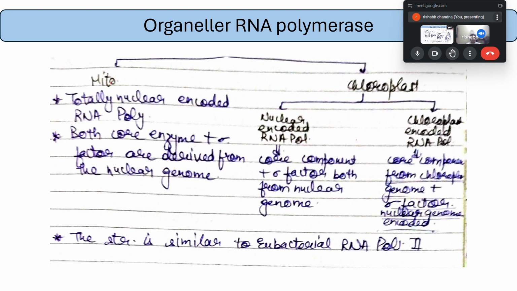For example, in mitochondria, the RNA polymerase subunits are totally encoded by the nucleus, and the organelle RNA polymerase is nearly similar to the prokaryotic RNA polymerase. So it will have all the sigma, beta, beta prime, alpha 1, alpha 2, and omega subunits in it.